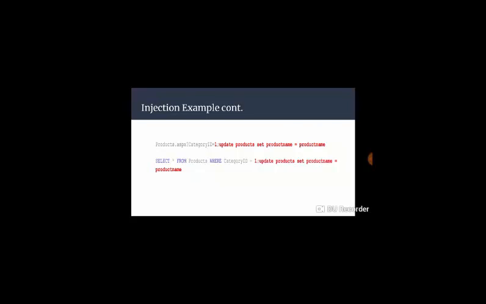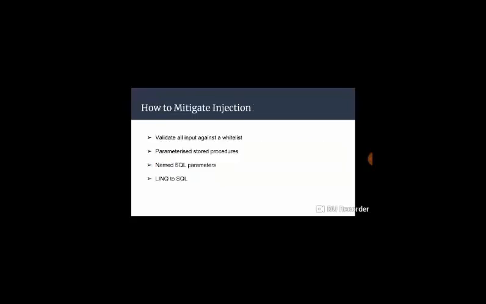Now, how to mitigate injection? I listed only four, but there are a lot more than this, and these are the most widely used. I will only explain two of them because of the time, which are validating all input against a whitelist and parameterized stored procedures.